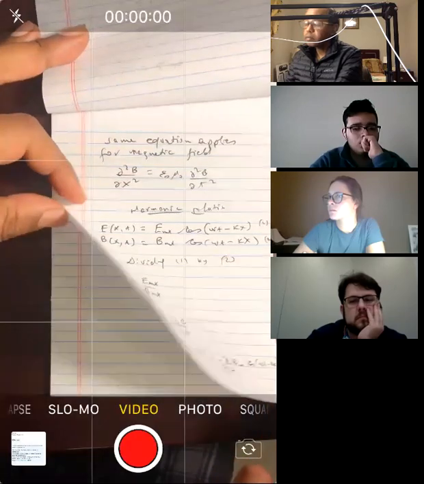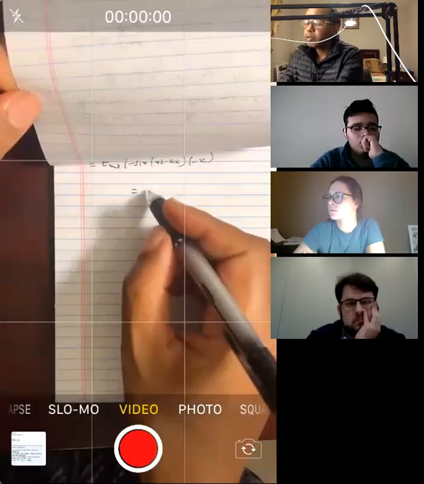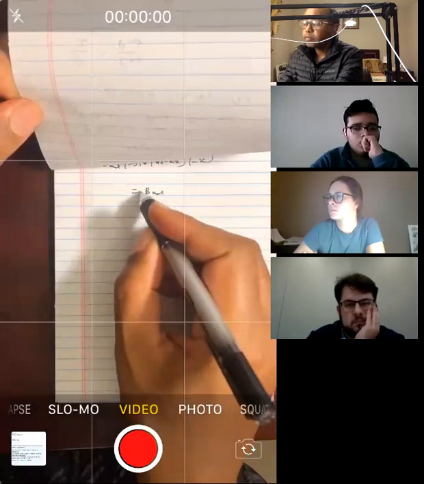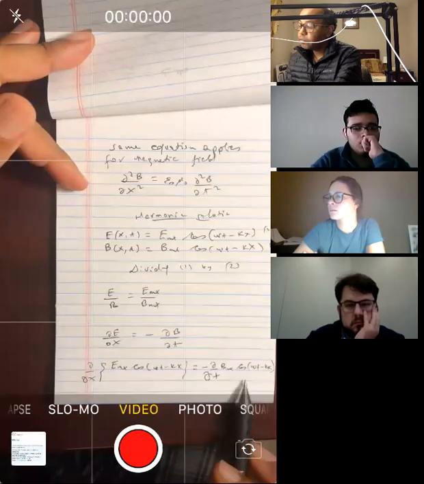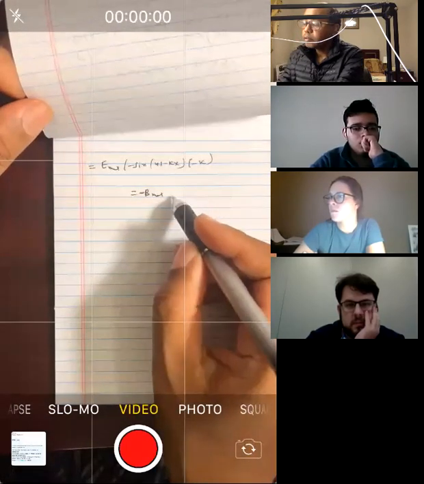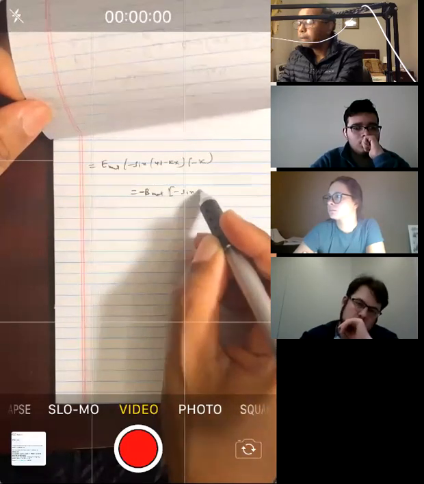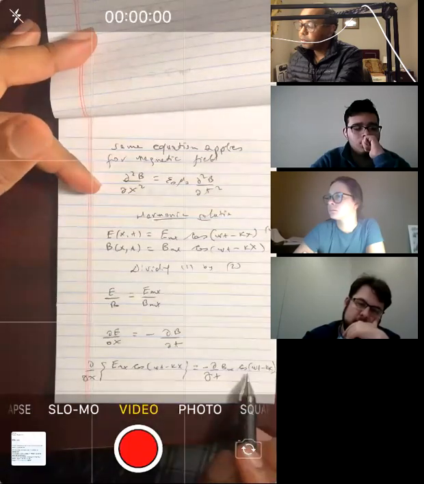How about the right side? B max will come out, and we have a negative also over here. The derivative of cosine is negative sine, so we have negative sine of omega t minus kx, and then from the chain rule we get omega.